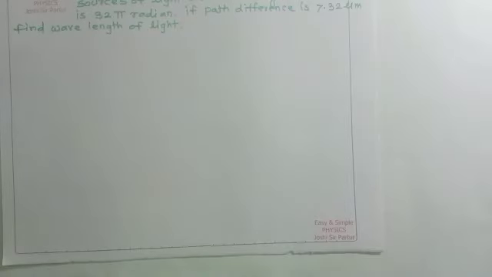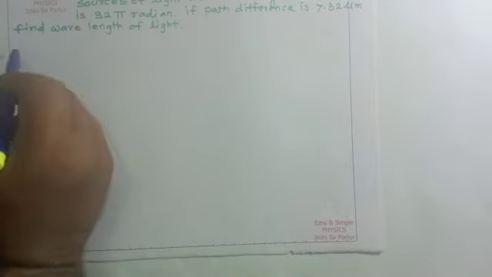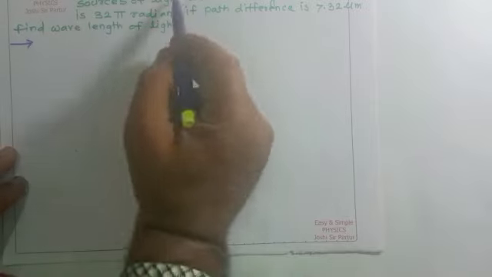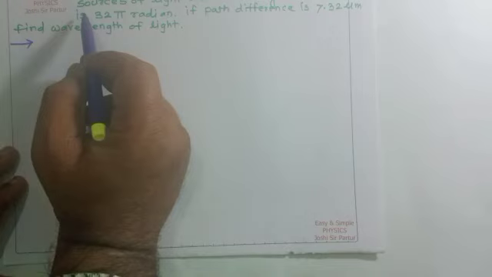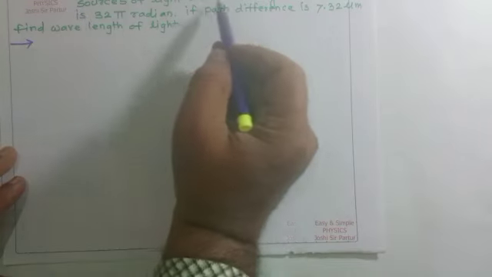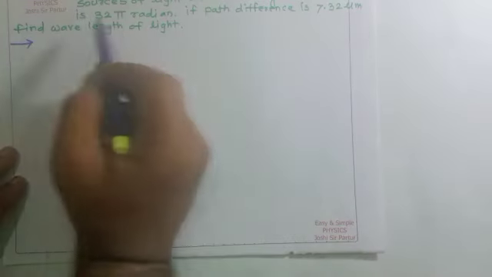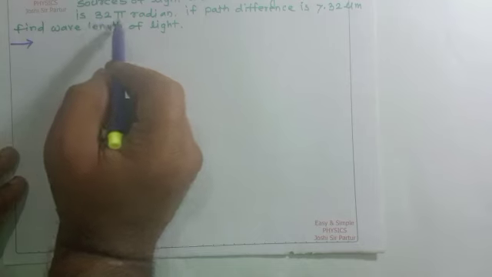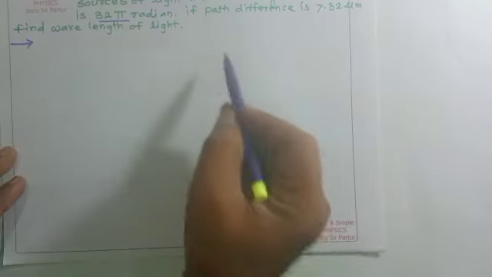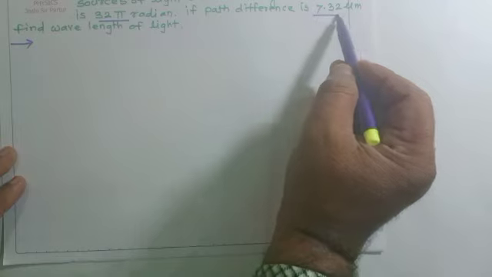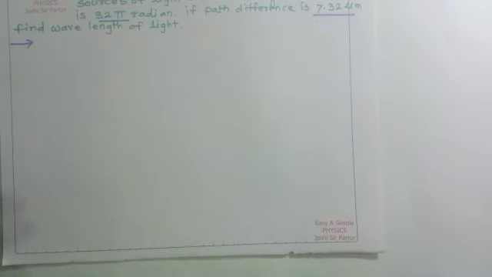Again, another example is solved. The phase difference between two coherent sources of light arriving at a point is 32 pi radian. If the path difference is 7.32 micrometer, find the wavelength of light. Phase difference is given and path difference is given.